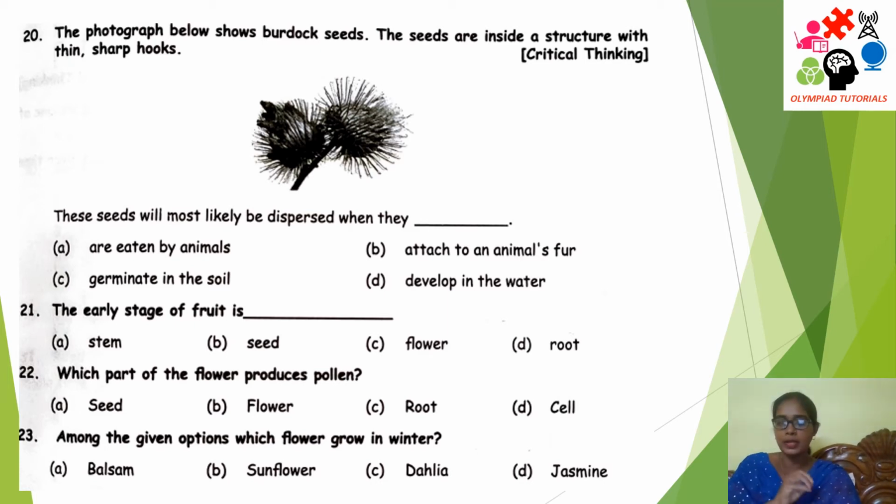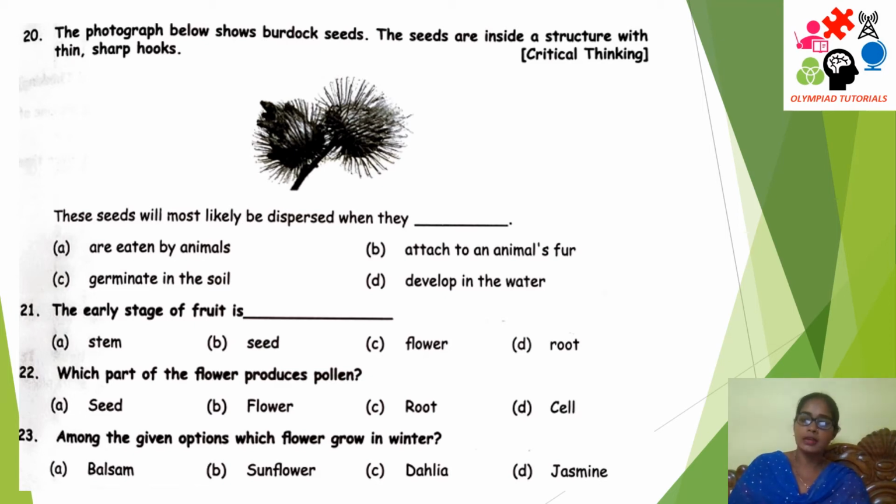Dispersed means from one place they will be transferred to some other place. So how might they be transferred? So here you have options. Option A, are eaten by animals. Option B, attached to an animal's fur. Option C, germinate in the soil. And option D, develop in water.